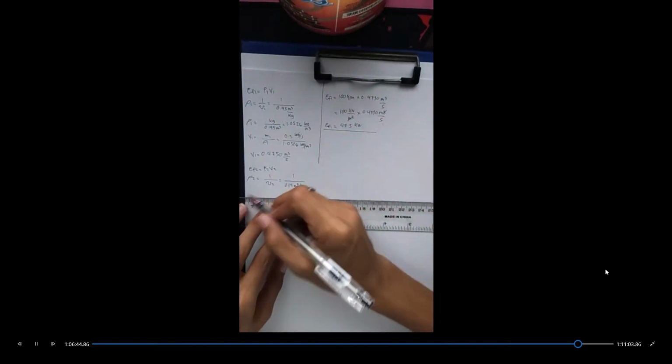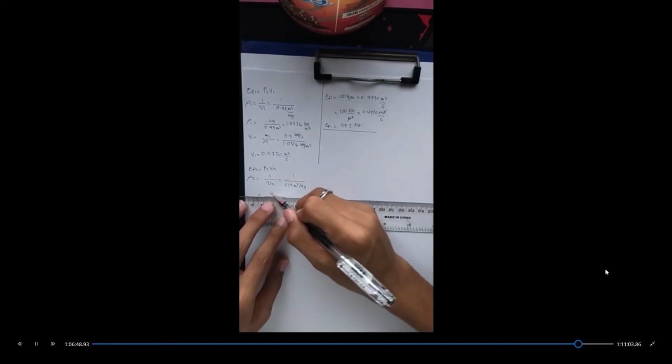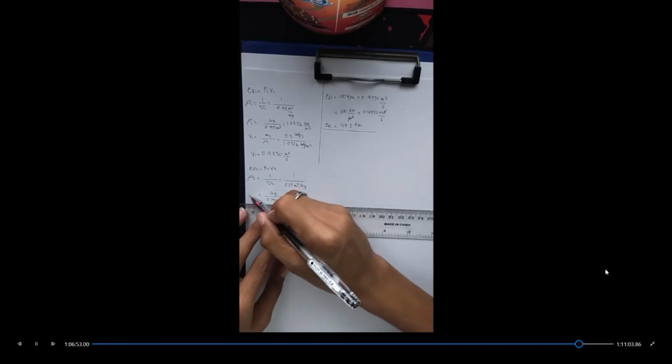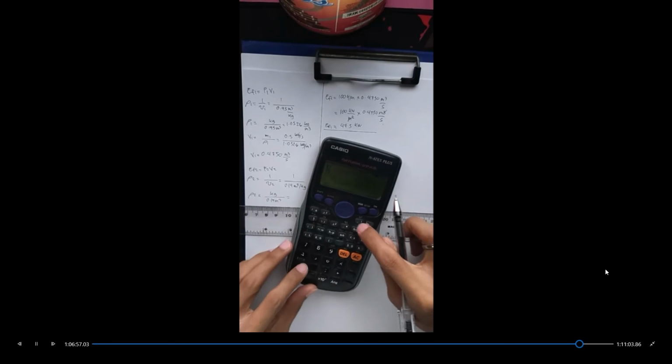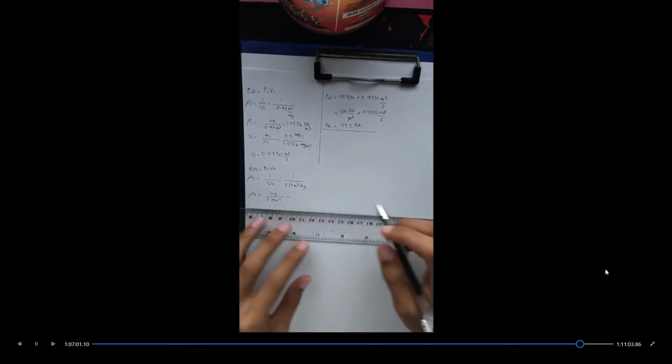Just like that, it will flip: kilogram goes on top and 0.19 meter cube goes at the bottom. We can now solve for density 2, which is 1 divided by 0.19, and it's 5.2632.